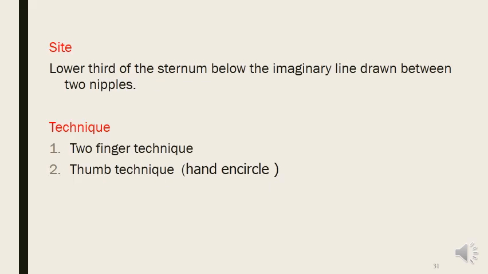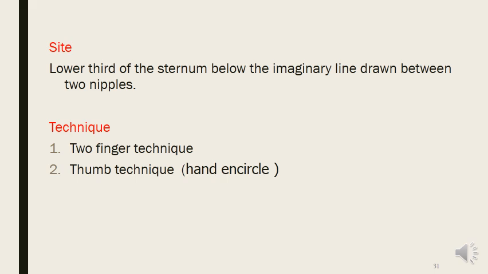Regarding the site of giving chest compression, it is the lower third of the sternum, below the imaginary line drawn between two nipples. If we divide the sternum into three parts, the site of giving chest compression is the lower third of the sternum and below the imaginary line drawn between two nipples.